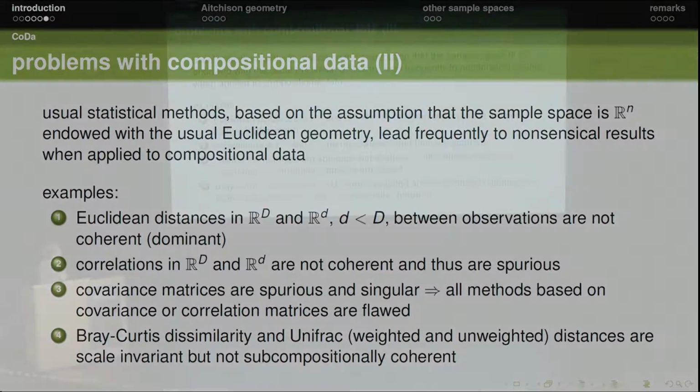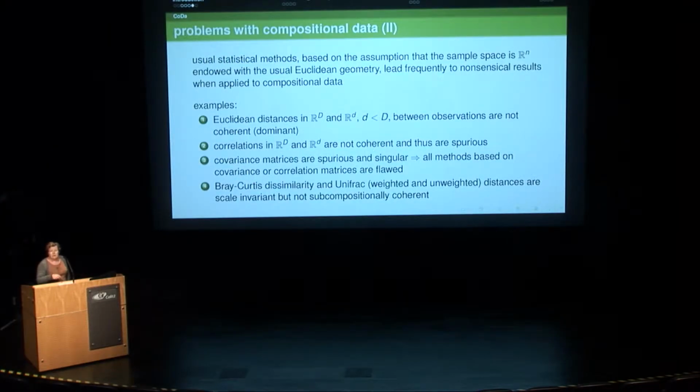And popular methods in the microbiome field, like the Bray-Curtis dissimilarity or the UniFrac distances, weighted and unweighted, have problems as well. They are scale invariant, but not subcompositionally coherent. It's quite easy to find examples. So be careful with these points.